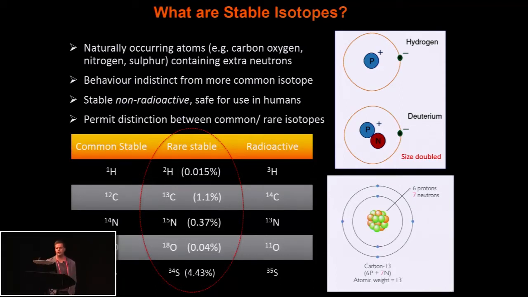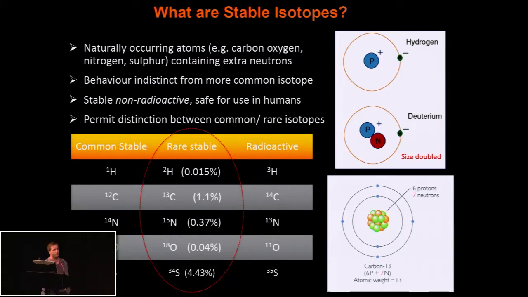You can see as an example here hydrogen and deuterium. This is a hydrogen atom, and you've got one proton. If you get an extra neutron within the nucleus of the atom, it becomes deuterium, which is the rare stable isotope of hydrogen.